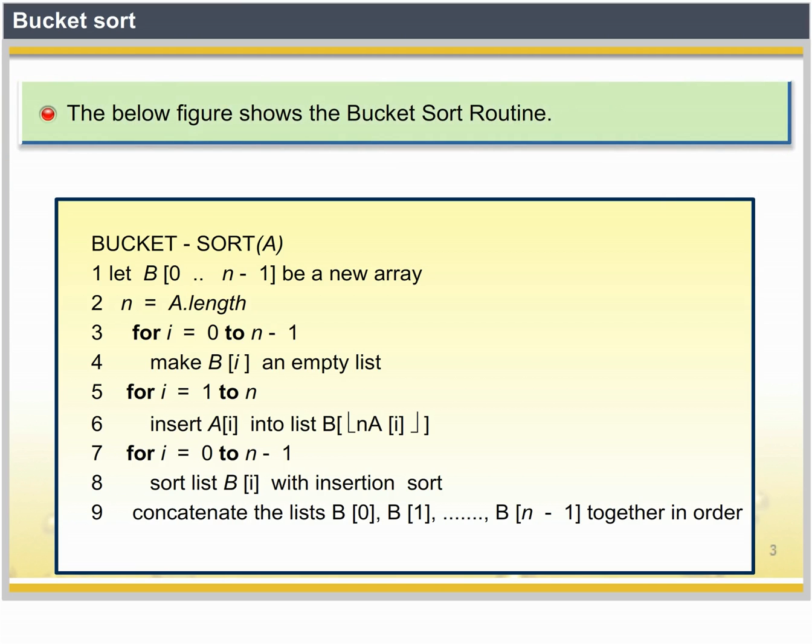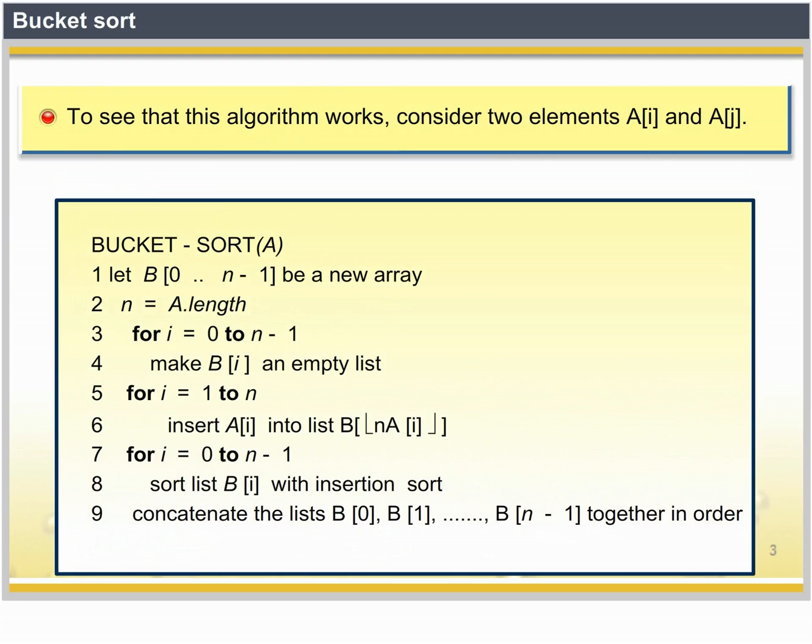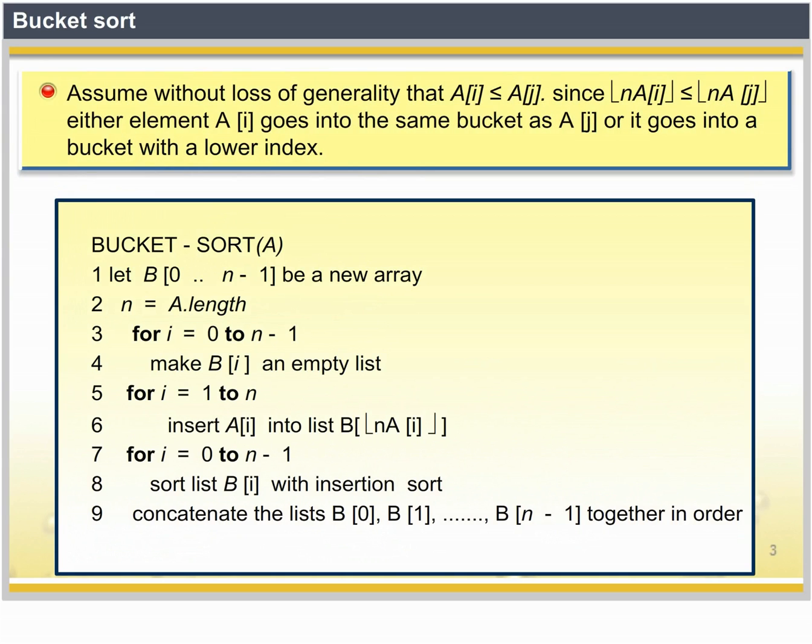To see that this algorithm works, consider two elements A[i] and A[j]. Assume, without loss of generality, that A[i] ≤ A[j]. Since floor of n A[i] is less than or equal to floor of n A[j], either element A[i] goes into the same bucket as A[j] or it goes into a bucket with a lower index.